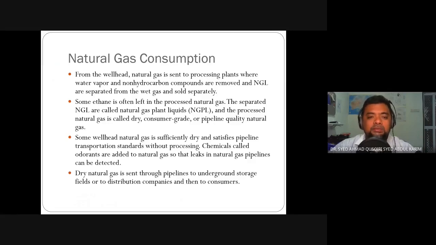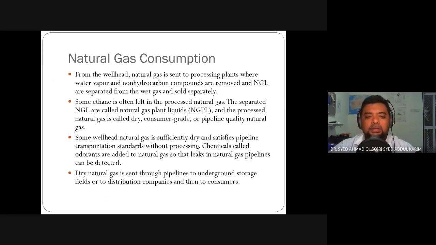So this is the process from the wellhead. Natural gas is sent to the processing plants where water vapor and non-hydrocarbon compounds are removed, and the NGL are separated from the wet gas. All these components that have been taken out can also be collected and sold separately.